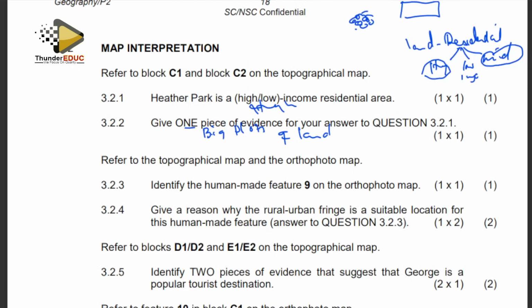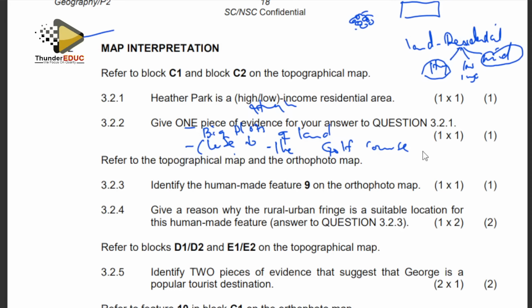So we can say here as evidence that it is located close to the golf course. Remember, the people who are enjoying that game are the rich. Therefore, they stay next to it.